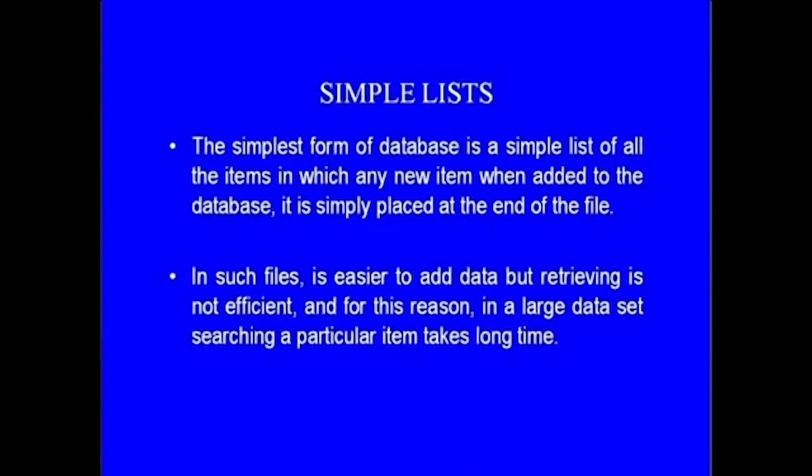Simple lists. The simplest form of database is a simple list of all the items in which any new item, when added to the database, is simply placed at the end of the file. In such files, it is easier to add data, but retrieving is not efficient, and for this reason, in a large data set, searching a particular item takes long time.